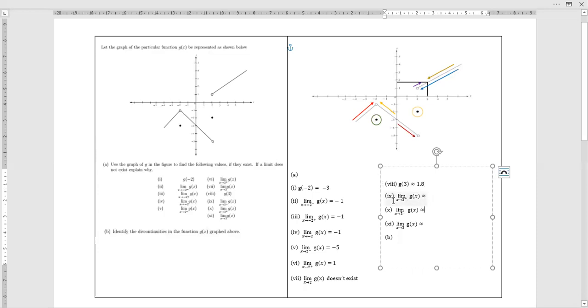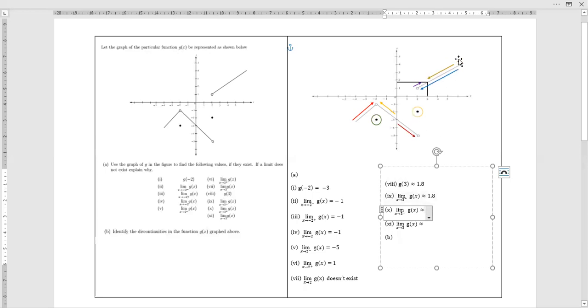Right. So what is the limit of g of x as x is approaching 3 from the left? I follow this purple line here, and you can see that it is also approximately 1.8. What about when it is approaching 3 from the right-hand side?